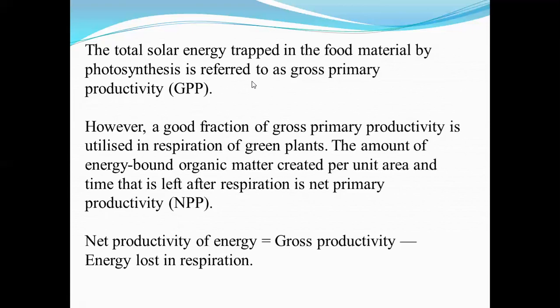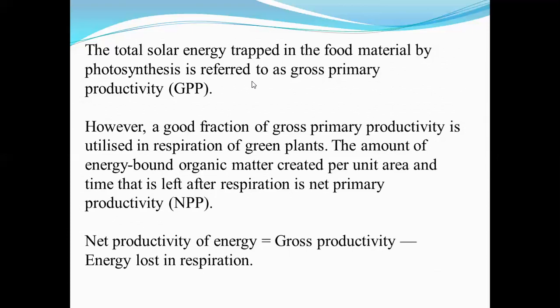This amount of food produced by fixing solar energy is called gross primary productivity. The plant uses some of it for its own respiration. After we remove the food material utilized for its own respiration, whatever is left in the plant to transfer to the next trophic level is called net primary productivity.